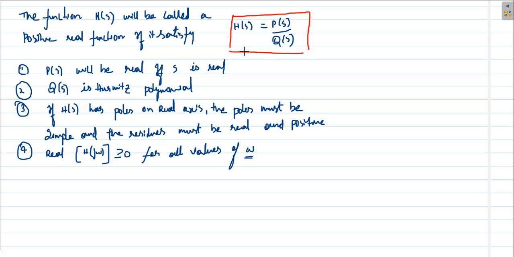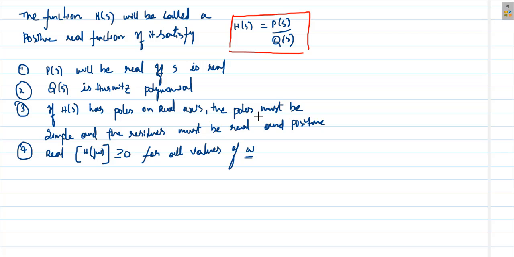Q of s is a Hurwitz polynomial; we will find out what a Hurwitz polynomial is. If h of s has poles on the real axis, the poles must be simple and the residues must be real and positive.